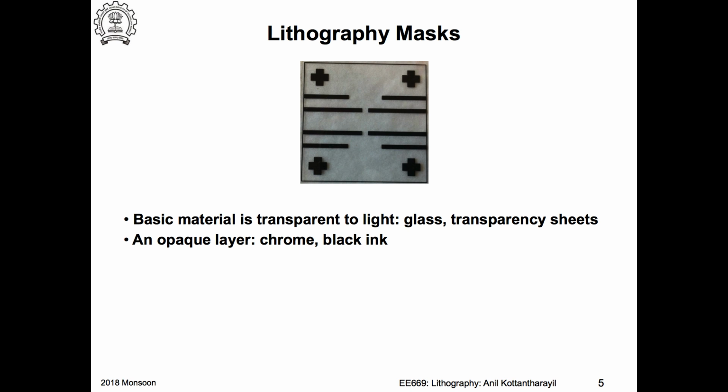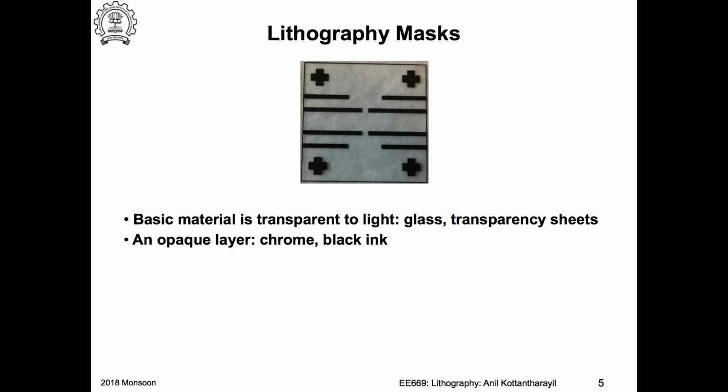So for electron beam lithography, you can't use a glass as a mask. There it is rather easy because you are actually going to steer the electron beam, which is focused. You are going to use an electric field, or maybe you fix the electron beam and then move your plate, whatever the substrate.